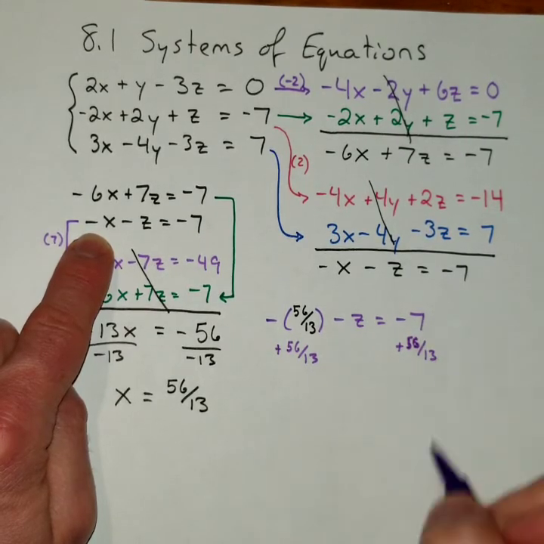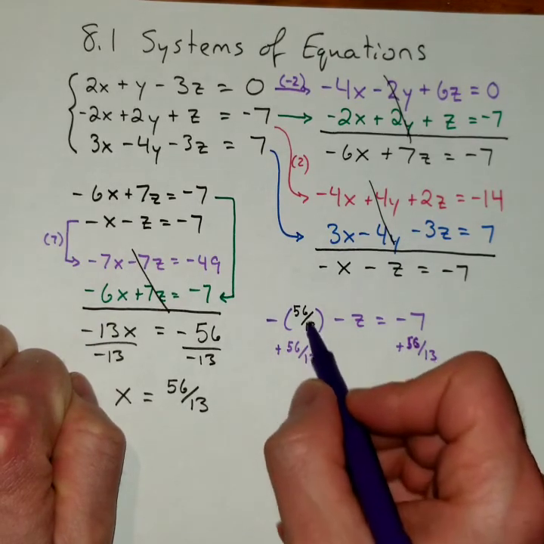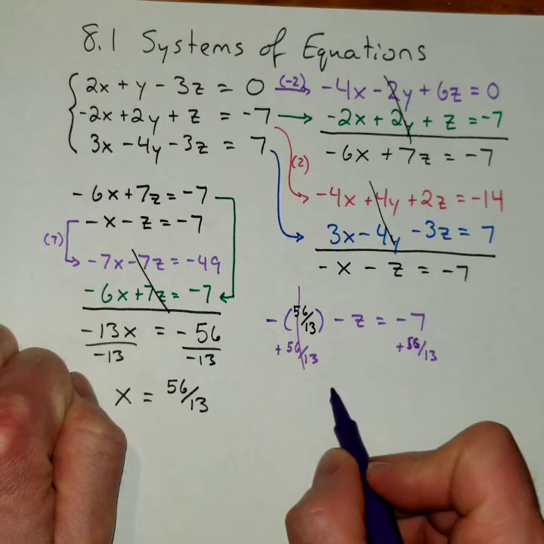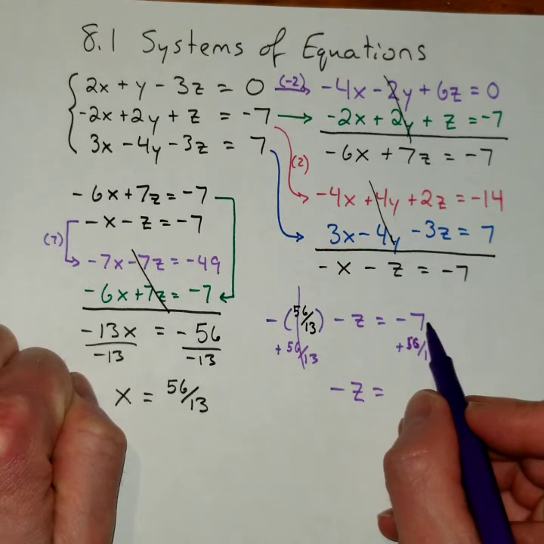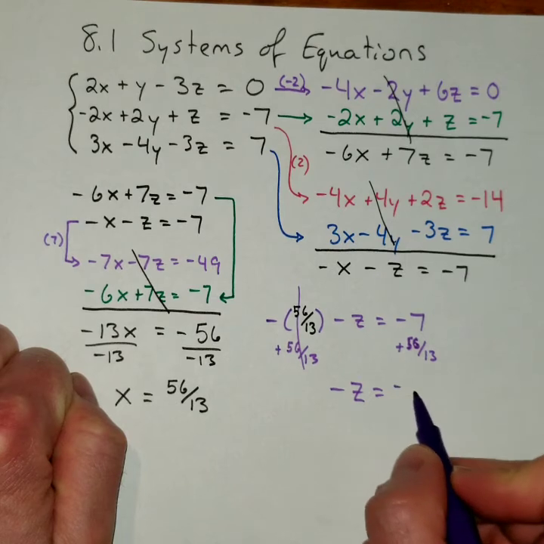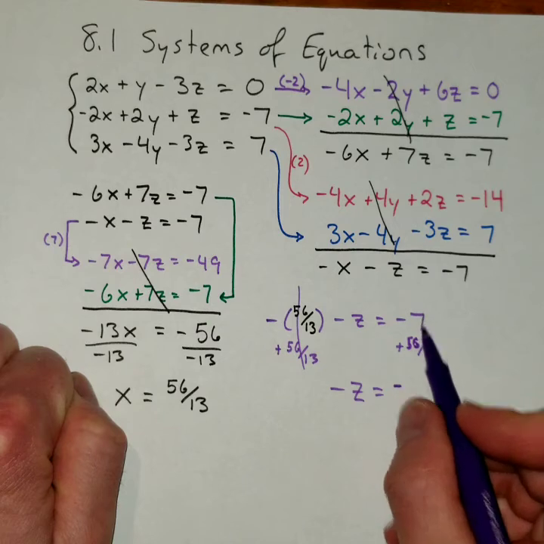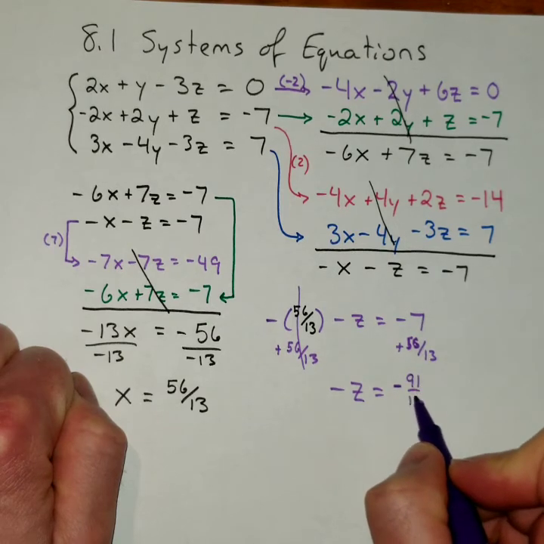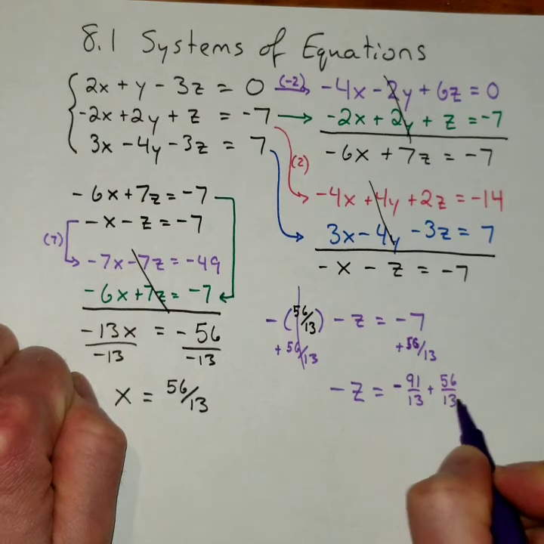Now, how many 13ths is 7? Well, let's see, these drop out. Negative z equals, well, negative 7 is actually, what's 7 times 13? 91? Double check that. 91. So that is negative 91/13 plus 56/13.